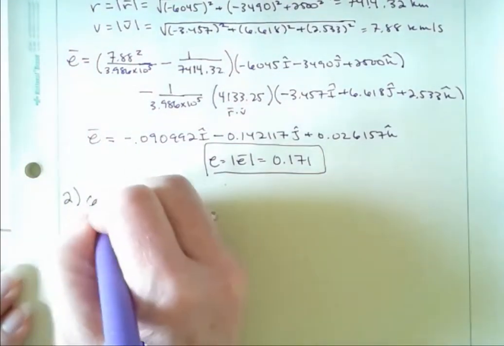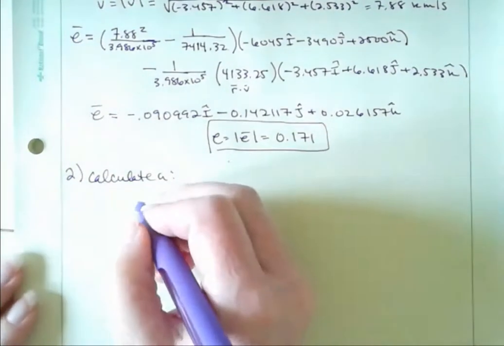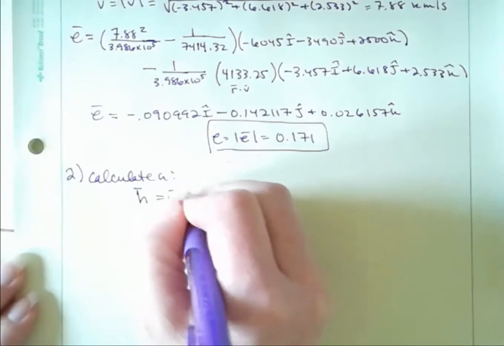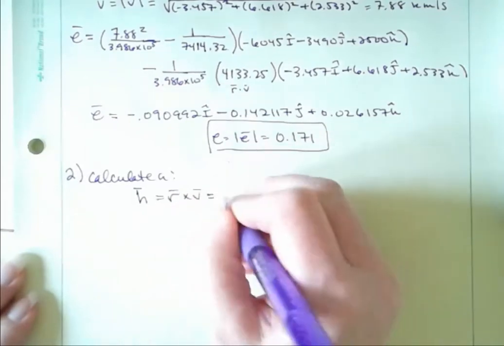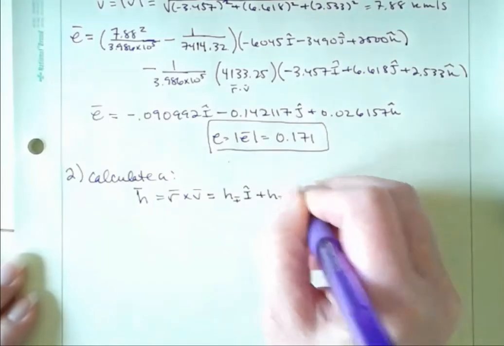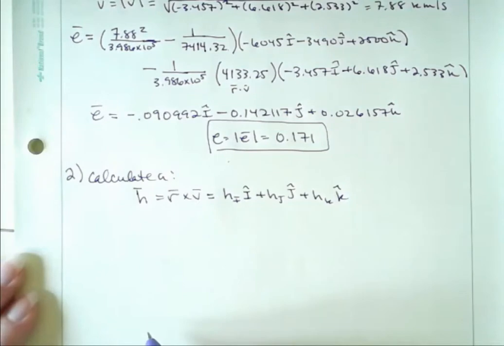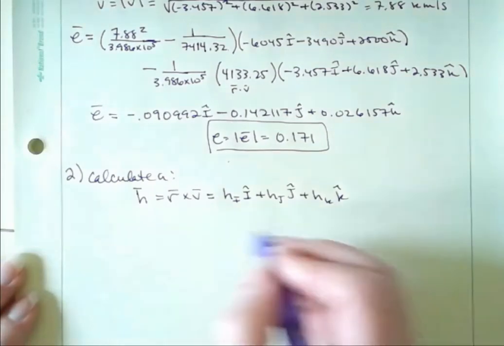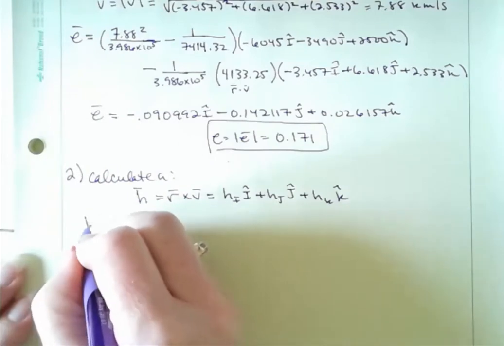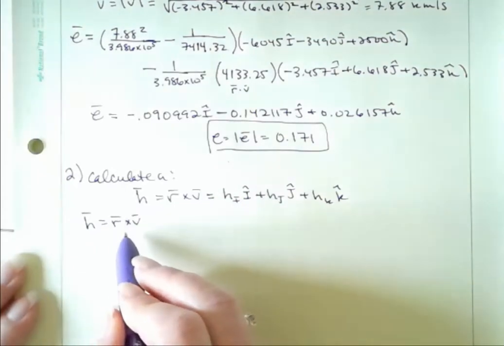So 2, you're going to calculate a. You're just going to use those equations we listed before. Remember h is r crossed with v, so you're going to get H_I times I plus H_J times unit vector J plus H_K unit vector K. I'm going to assume everybody knows how to do the cross product.